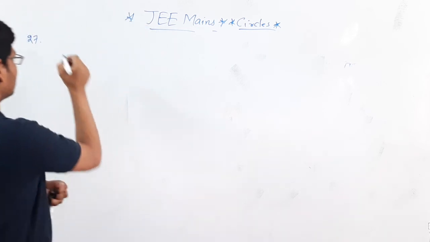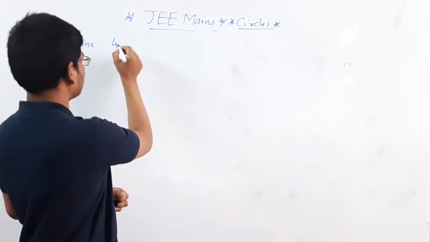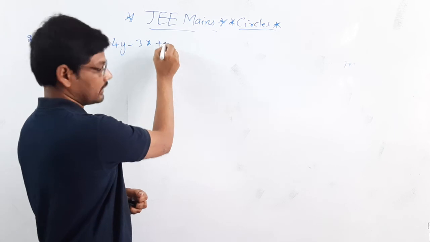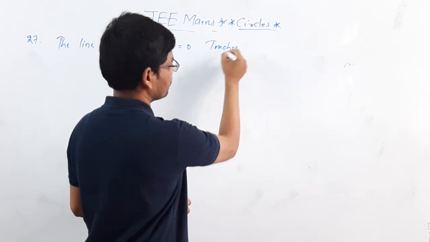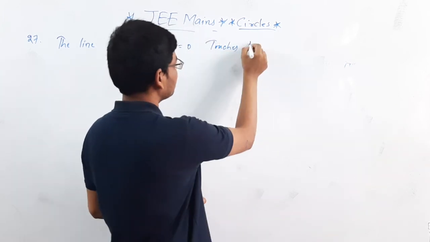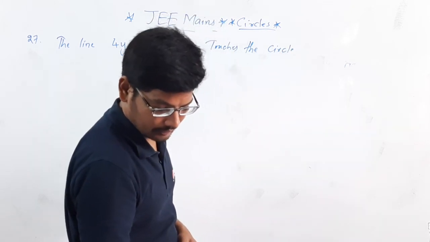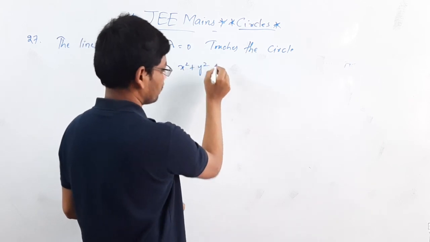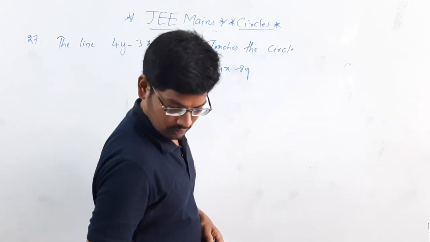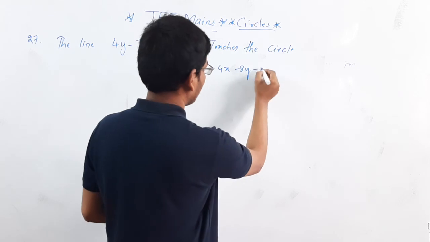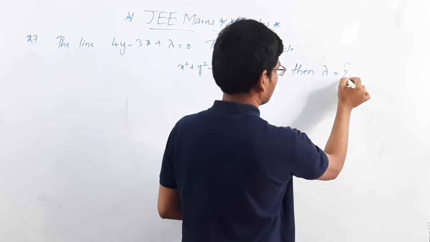The line 4y minus 3x plus lambda is equal to 0 touches the circle x square plus y square minus 4x minus 8y minus 5 is equal to 0, then lambda is equal to question mark.